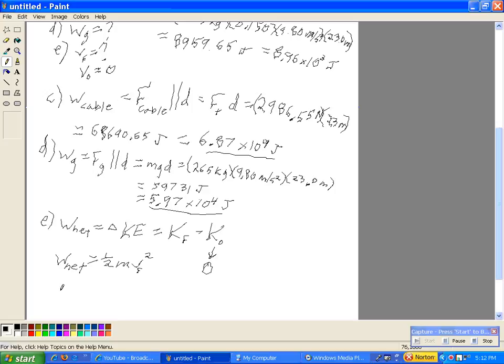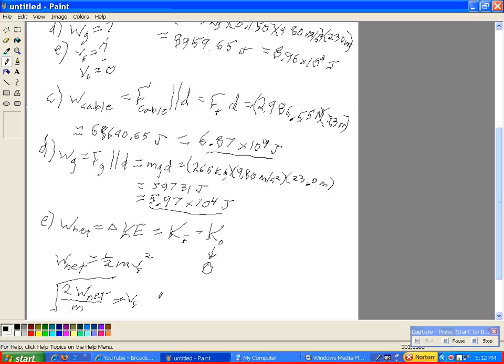Now when we solve for the final velocity, we move the 2 over, times the net work, divide everything by the mass, take the square root, and that will give us the final velocity.